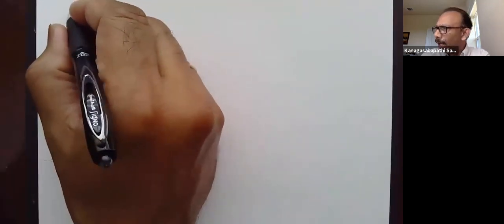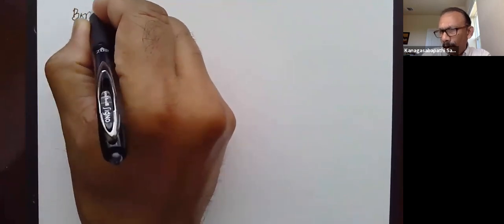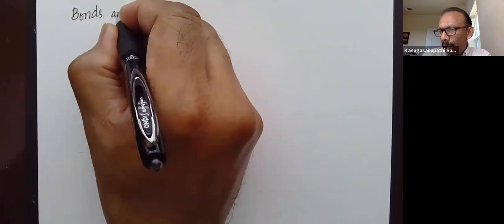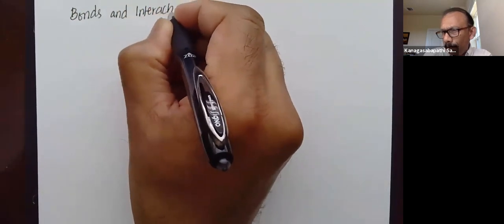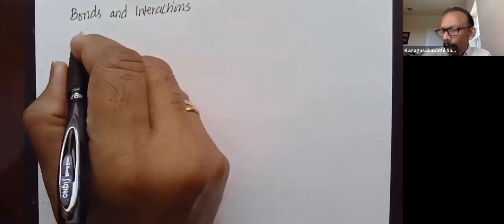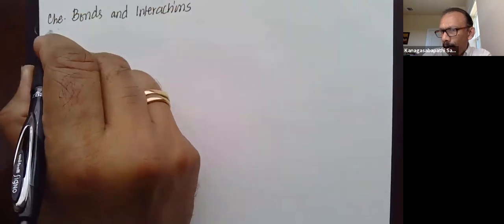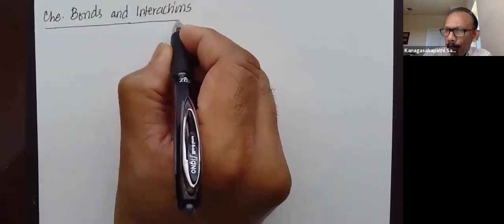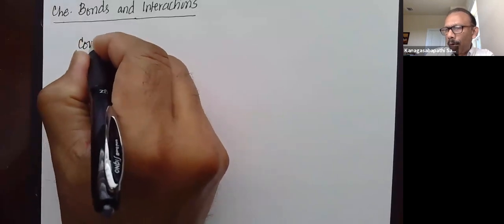So I'm going to go to how they make the different bonds and interactions. This is the second part: chemical bonds and interactions. The first of these is called a covalent bond.